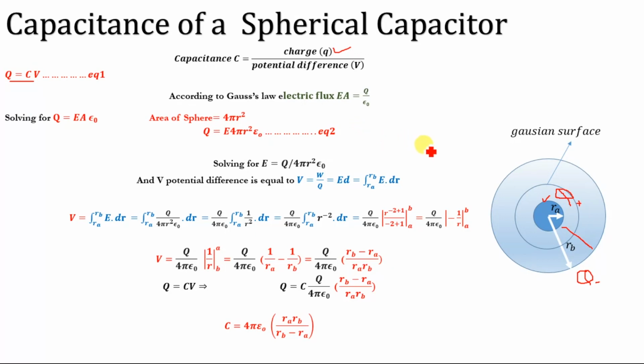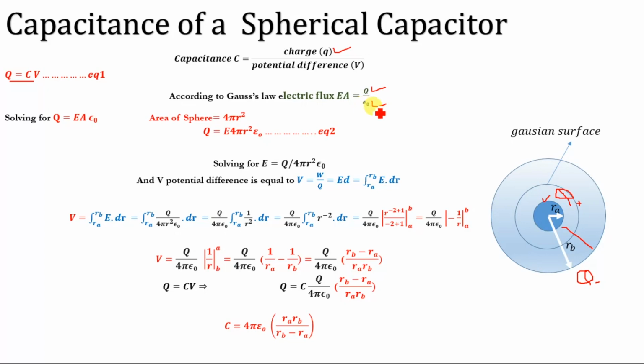Now we calculate the electric field. For calculating the electric field, we will use Gauss's law. We will construct a Gaussian surface, an imaginary surface, around this inner core, and according to Gauss's law, the electric flux passing through this Gaussian surface will be equal to total charge enclosed Q divided by epsilon naught.